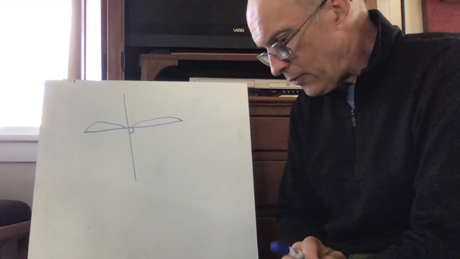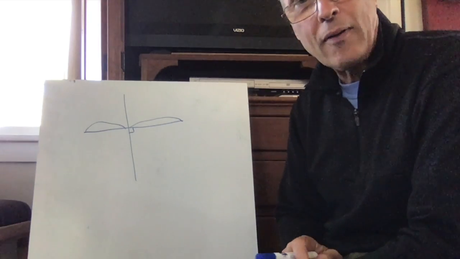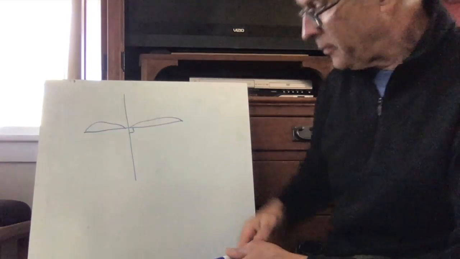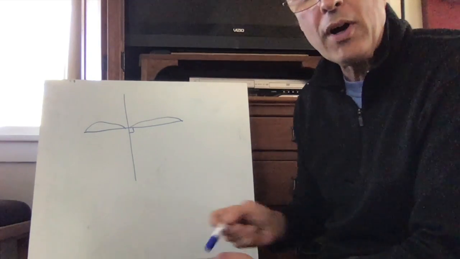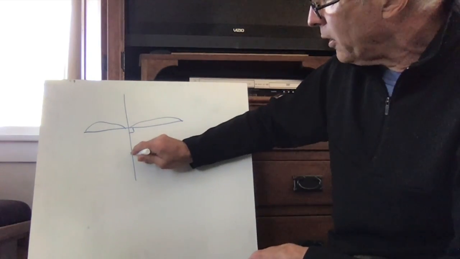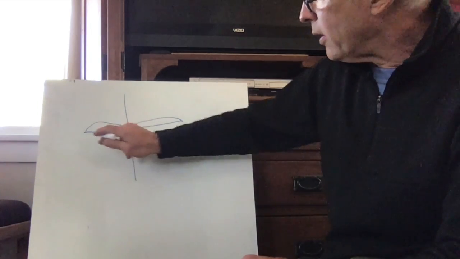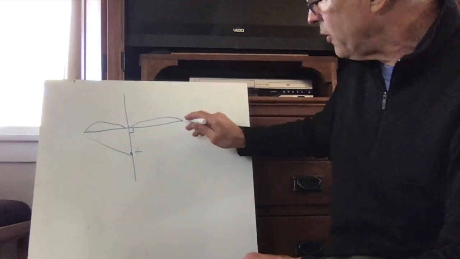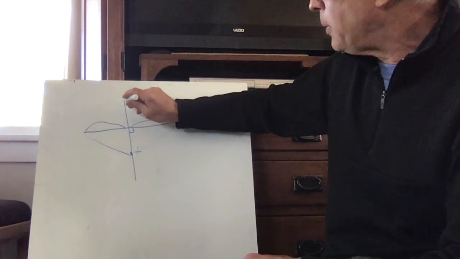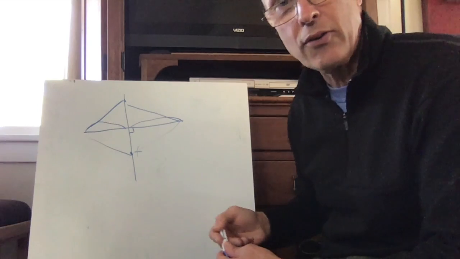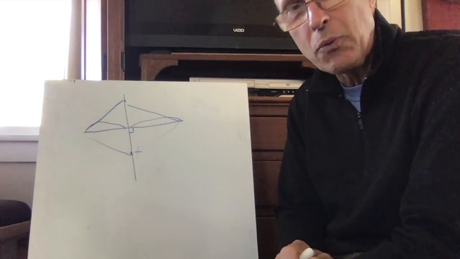They go on to give you a couple other theorems about that. Theorem 5.1 says if I pick any point, call it x, on the perpendicular bisector, that point is equidistant from the endpoints.